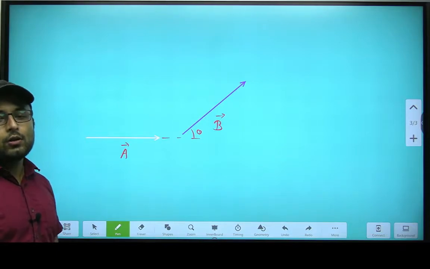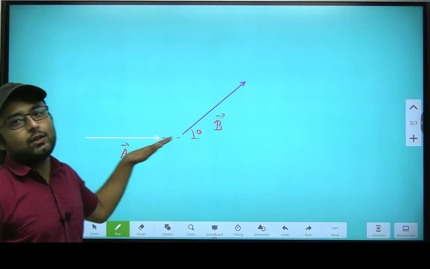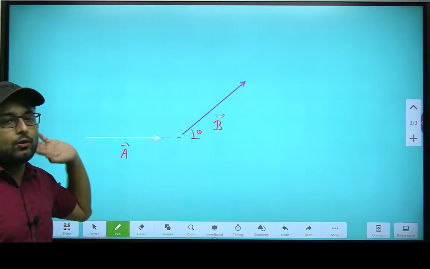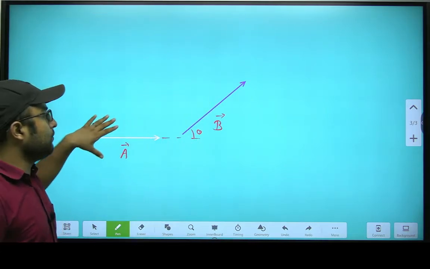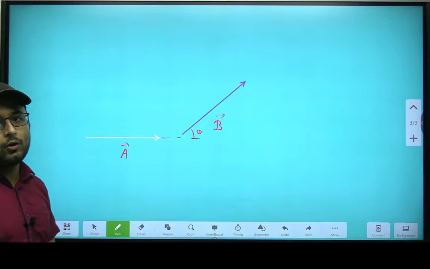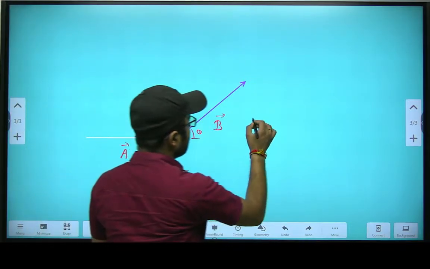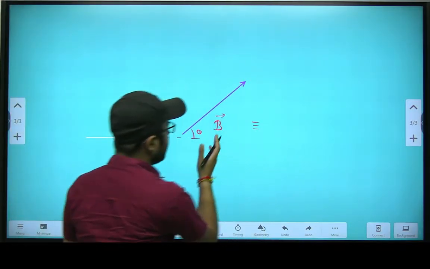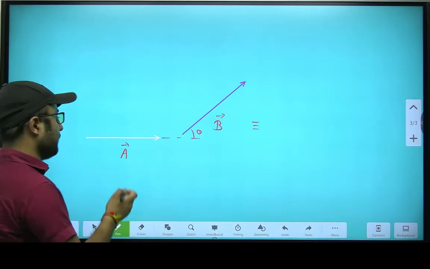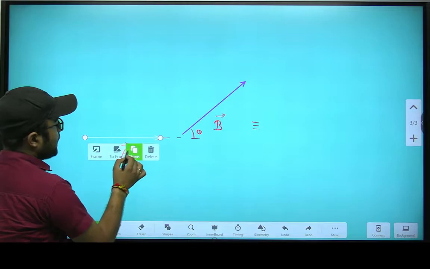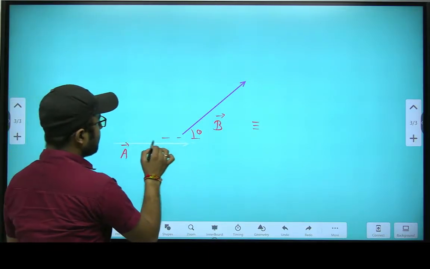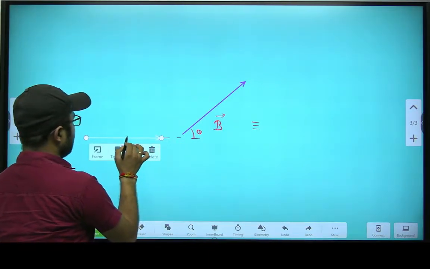So in the parallelogram law, one vector is a, the other is b, the same as we have taken over there. Now if we need to add them by the parallelogram law, what will we do?